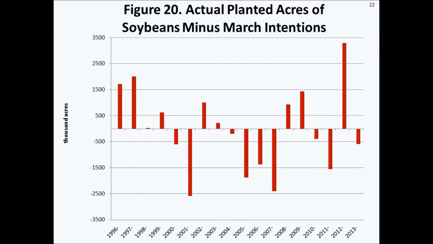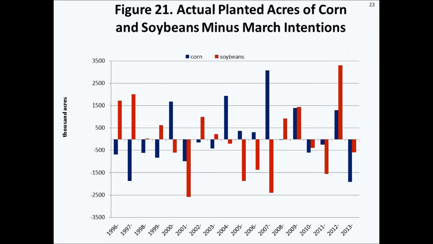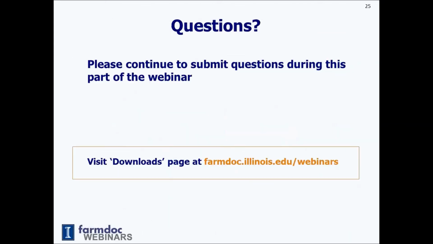When we look at soybeans, we also see similar differences between intentions and what actually gets planted. Contrary to popular belief, I think those don't always offset in opposite directions. We tend to think that, okay, if we get more than intended corn, we'll get less than intended soybeans. But when we look at figure 21, we see that some years those move in opposite directions.